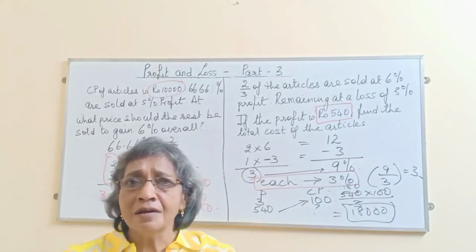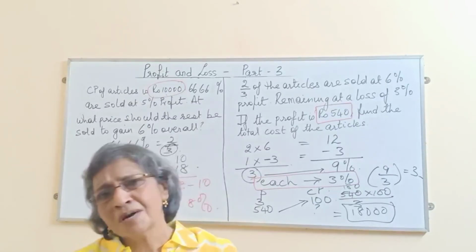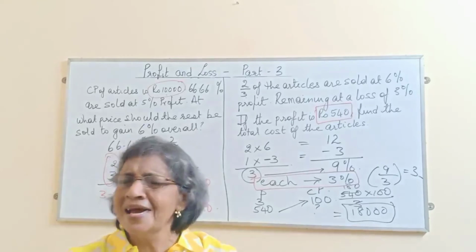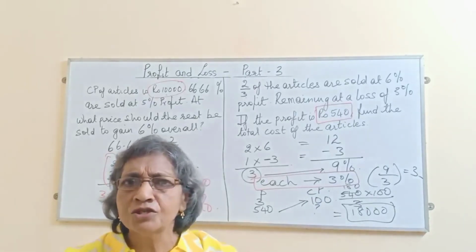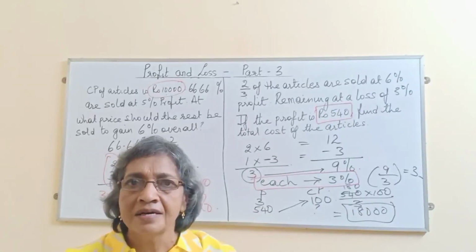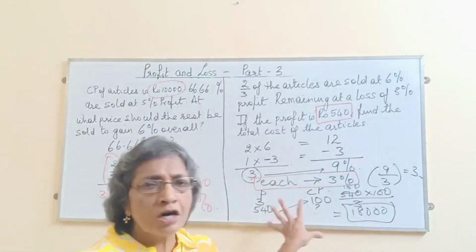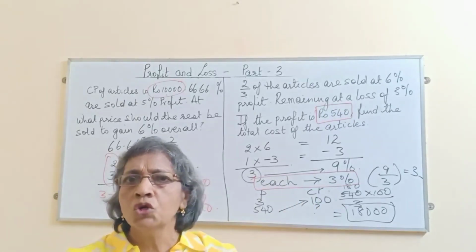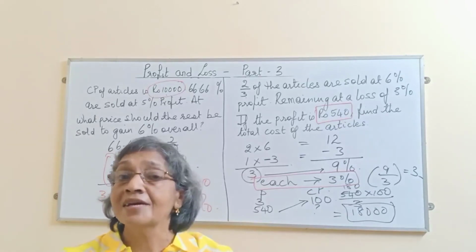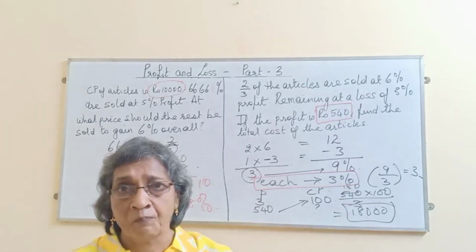The logic and the method is the same. So sometimes you may be given certain fractions, anything, whatever is given, just use the logic behind it. Once you use the logic, analyze the sum, use the shortcut method, there is no need for you to calculate anything extra, which is not required. Okay?